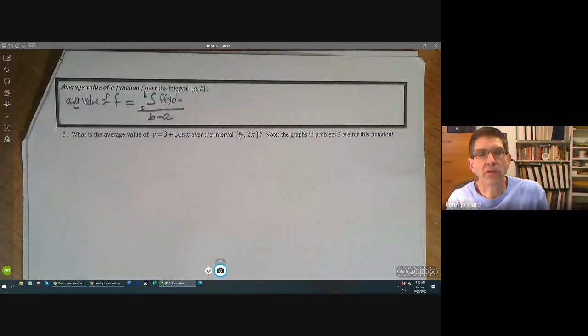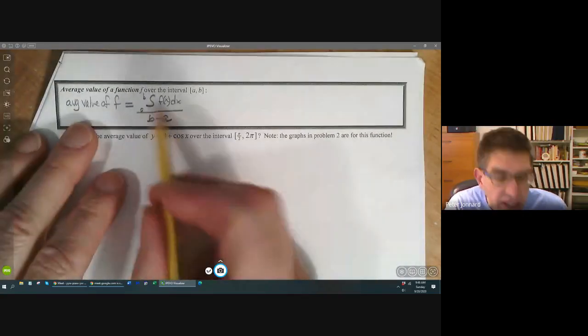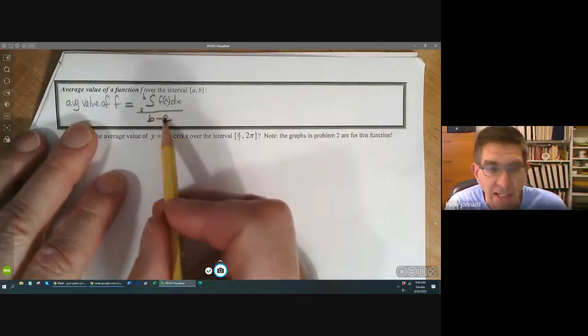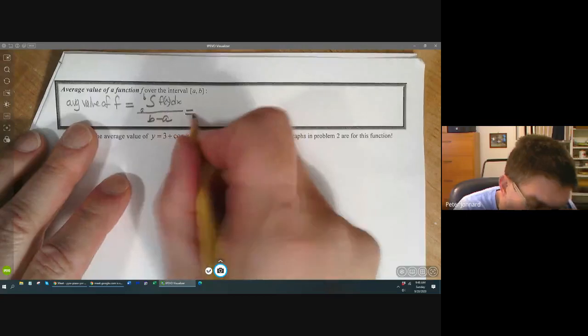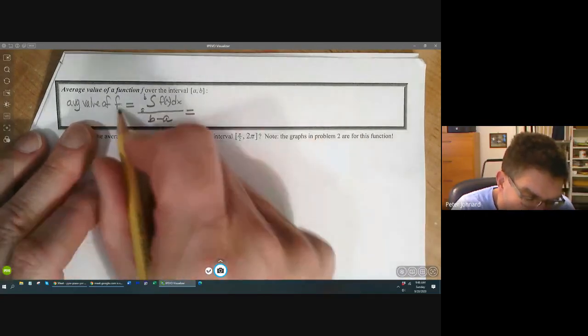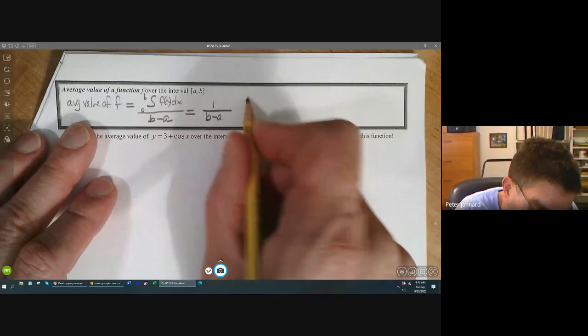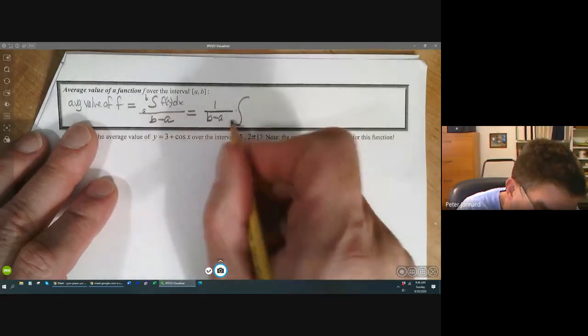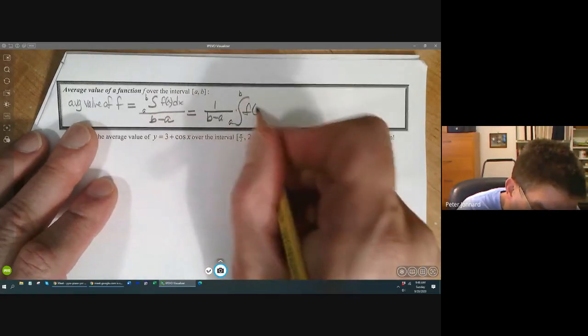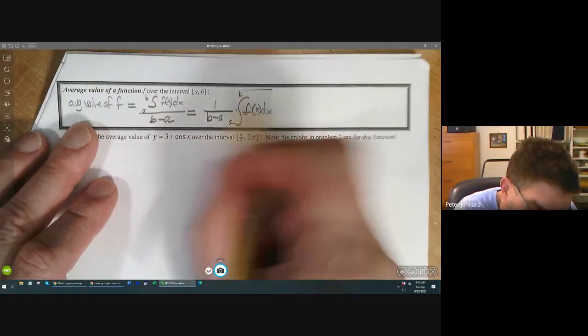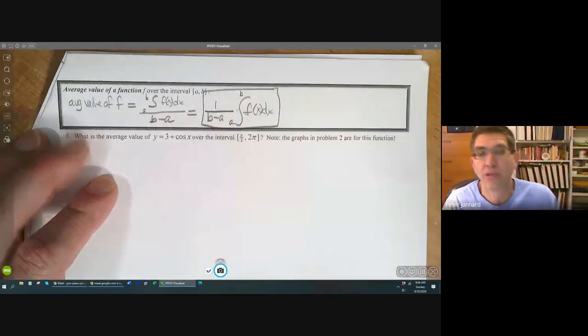You can memorize it that way and you'll be fine. It's just that doing all of this gets kind of messy, and then you're dividing by this. So the way most textbooks will write this is they'll bring this out front as a fraction, 1 over b minus a, and then multiply that by the integral from a to b of f of x dx. This is the form you'll see all the time, and the one you really should be familiar with.